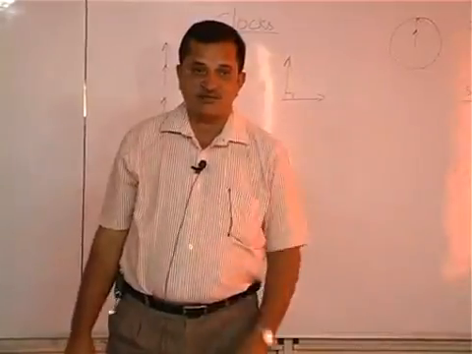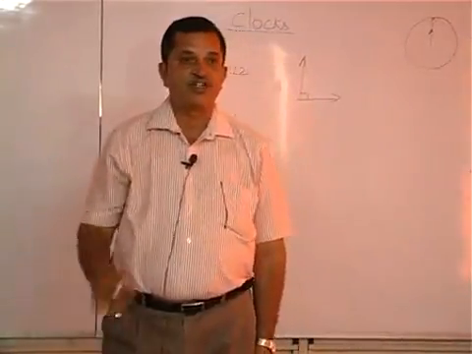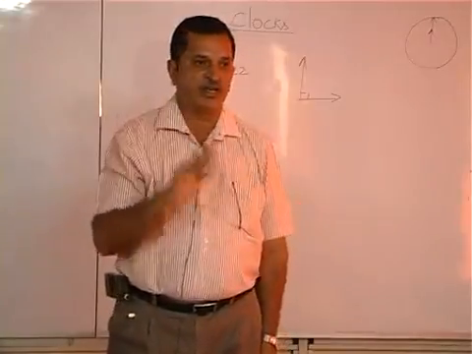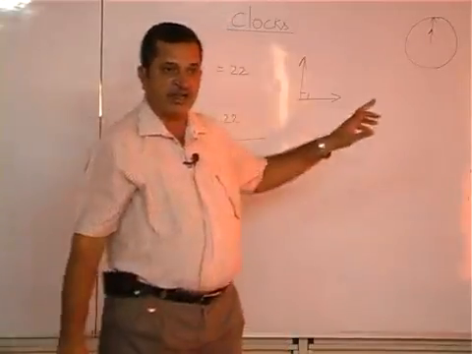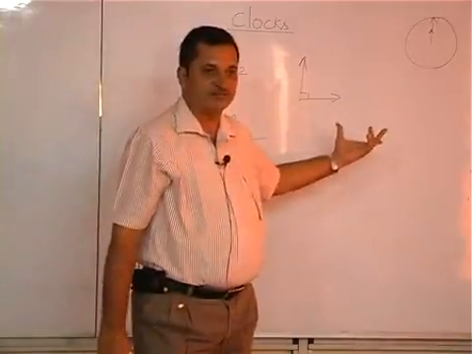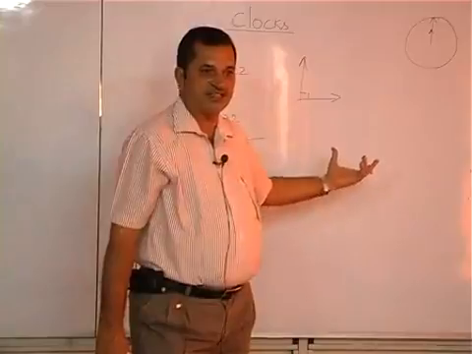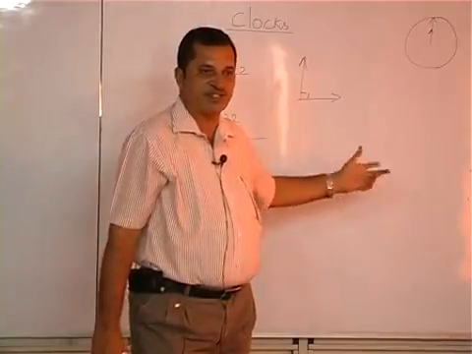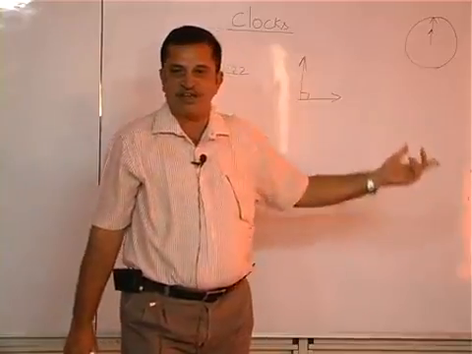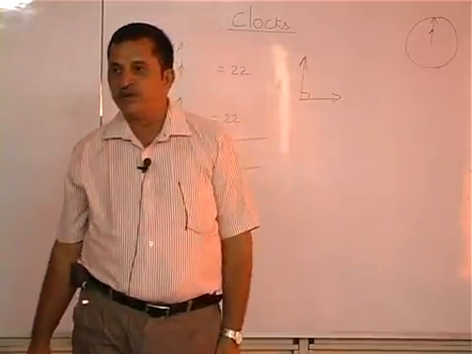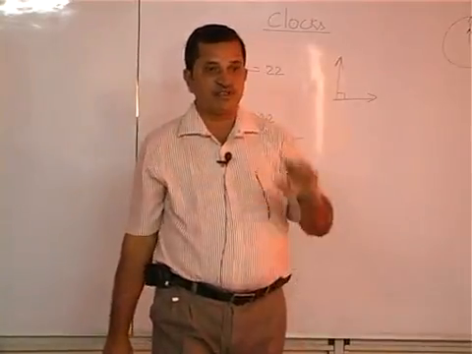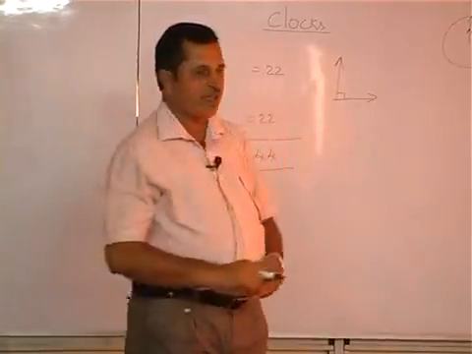For 12 hours, it should be 12 twos are 24, but 22 only. 3 o'clock right angle and 9 o'clock right angle are common, like the 6 o'clock straight line is common between 5 to 6 and 6 to 7. So minus 2 means 22. So for 12 hours, 22 right angles means for 24 hours, 44 right angles will be formed.